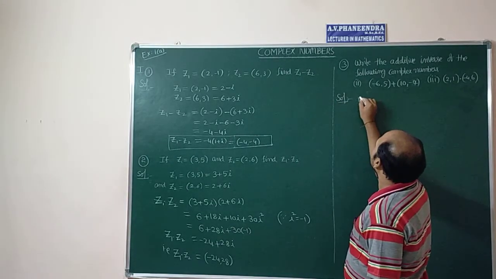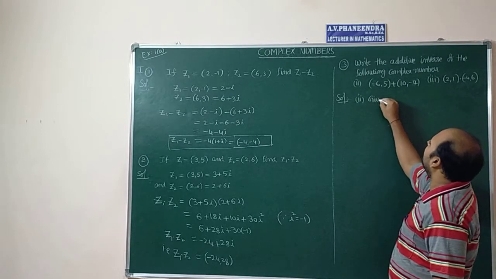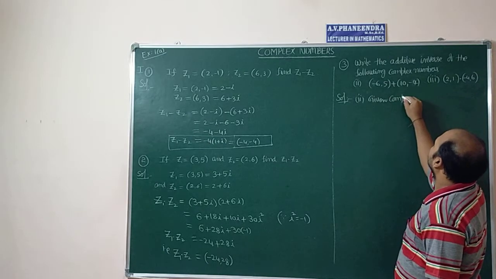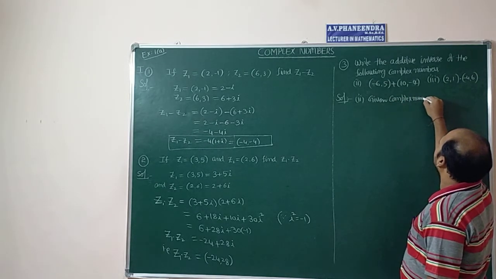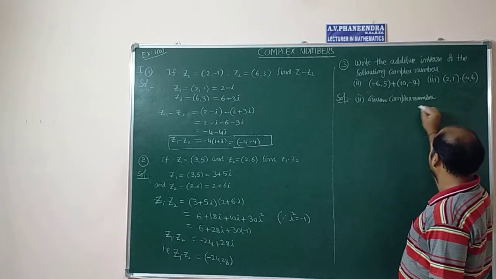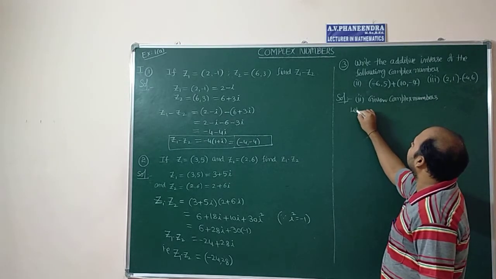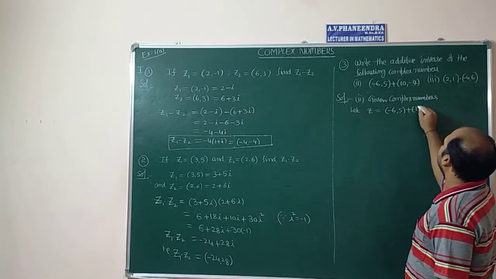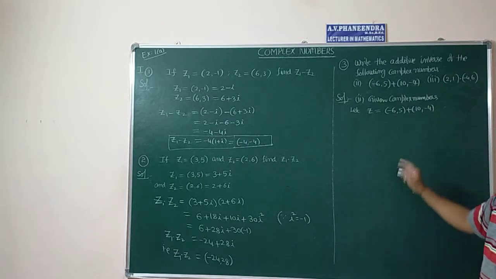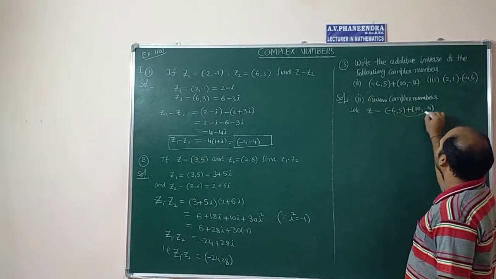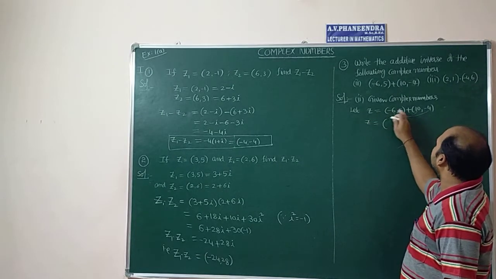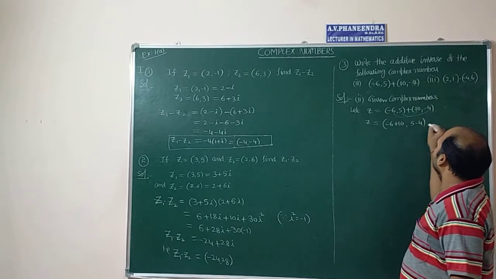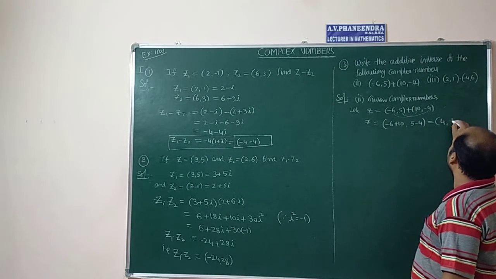In this second question, given complex number, you have to assume that z is equal to minus 6 comma 5 plus 10 comma minus 4. Now corresponding elements you have to add. So z is equal to minus 6 plus 10 comma 5 minus 4, which is equal to 4 comma 1.